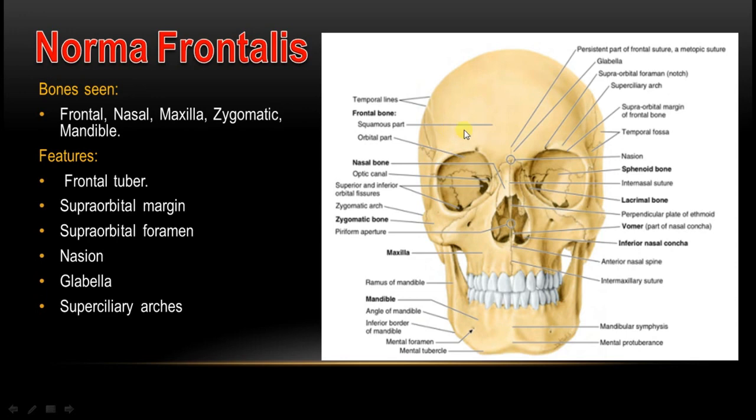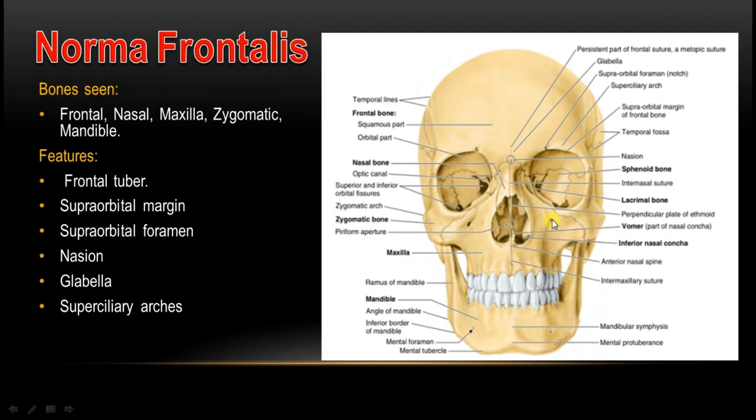Then any other foramen you come across in the maxilla: below the inferior margin of the orbit you see the infraorbital foramen, which transmits the nerves and vessels of the same name, the infraorbital vessels and nerves.